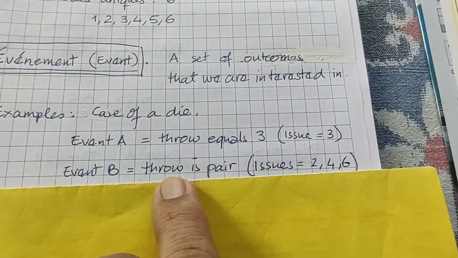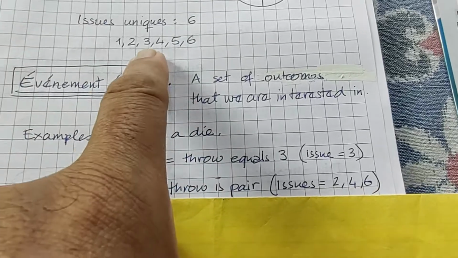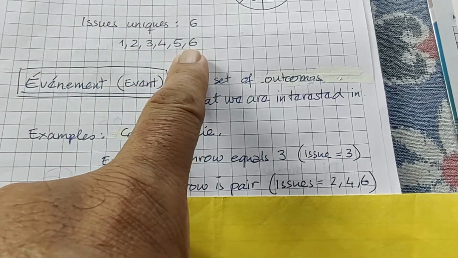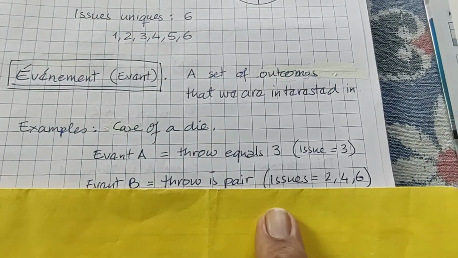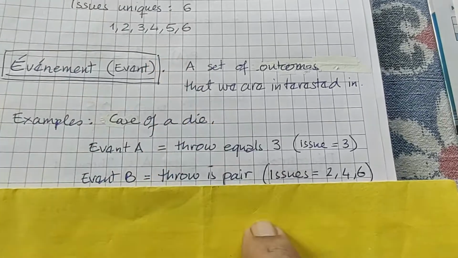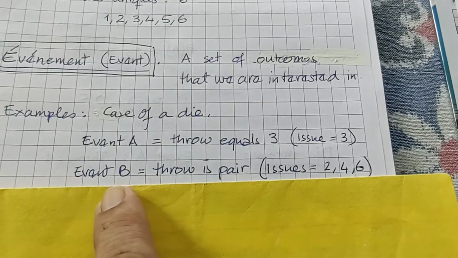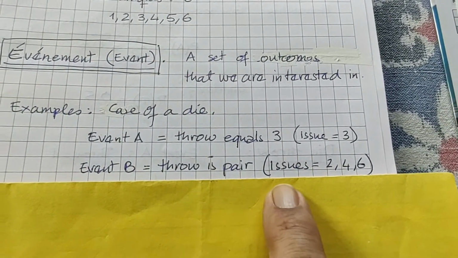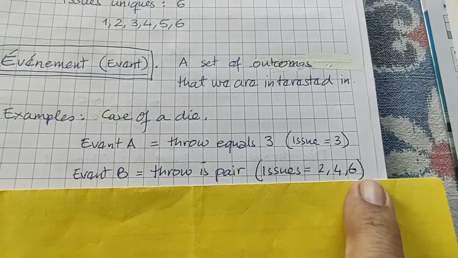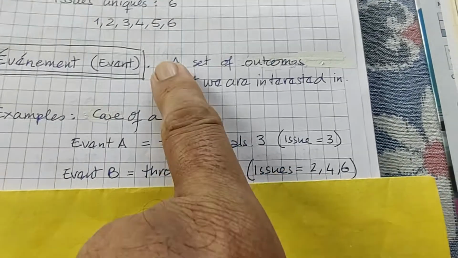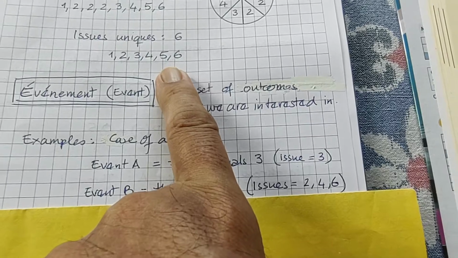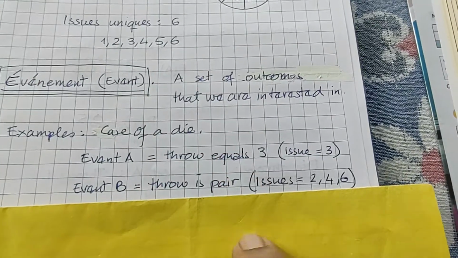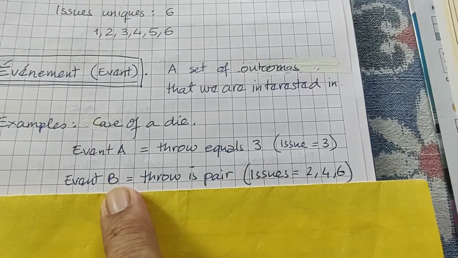Remember, when I say throw is pair, 1, 2, 3, 4, 5, 6, the word pair is not there, but this event is satisfied by outcomes 2, 4 and 6. So 3 of these unique outcomes will make up event B.